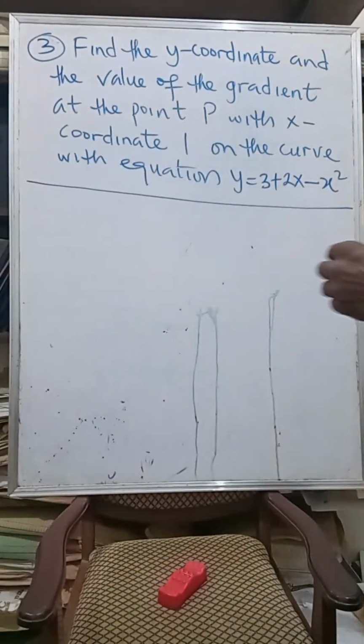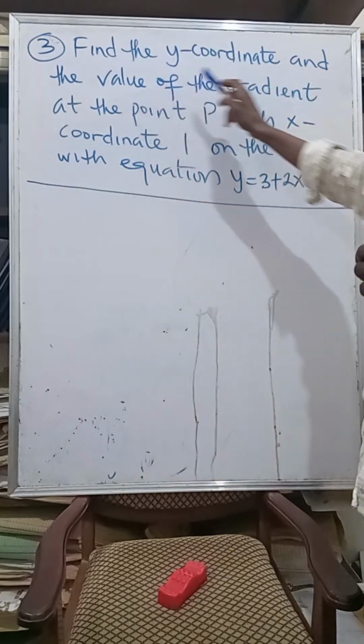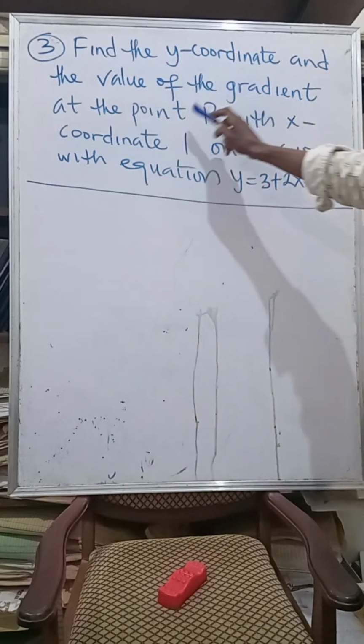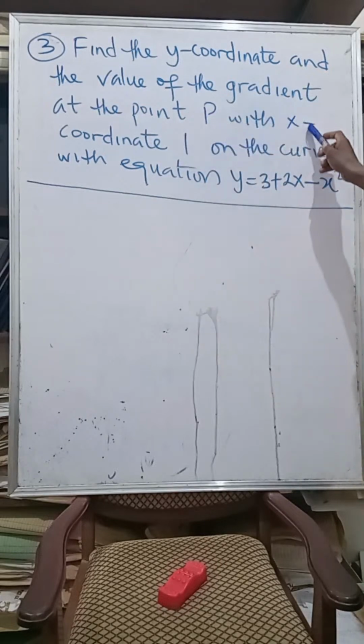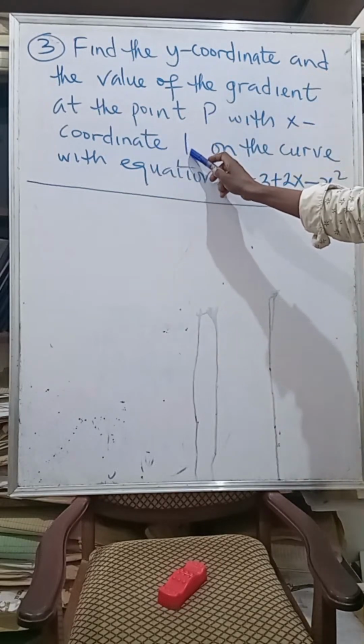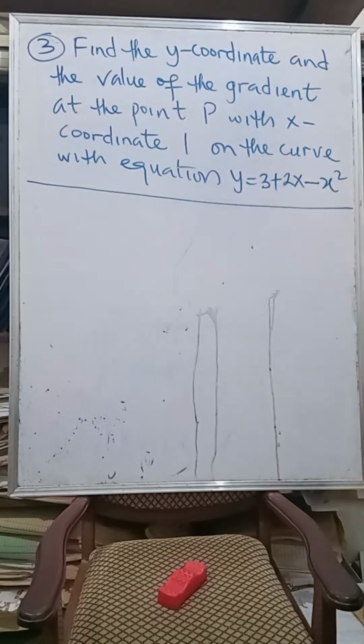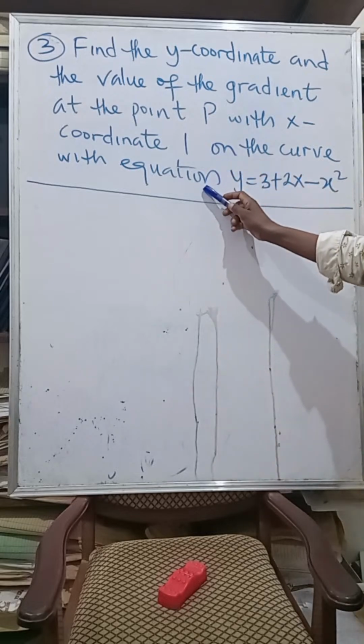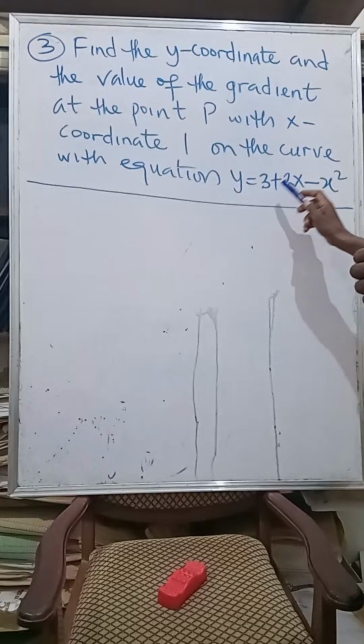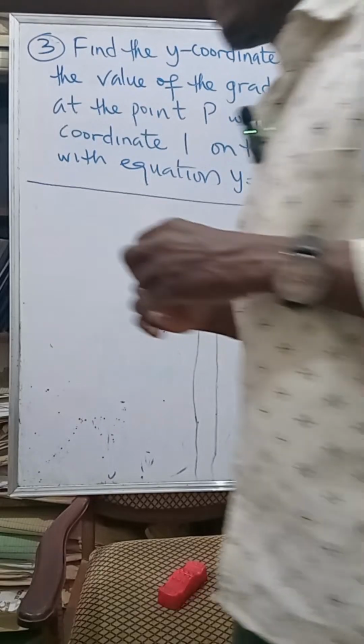Yeah, we have this equation. Find the y coordinate and the value of the gradient at the point P with x coordinate 1 on the curve with equation y equals 3 plus 2x minus x squared. So that's what we have here.